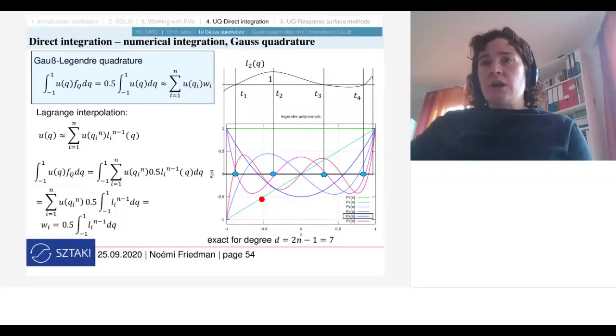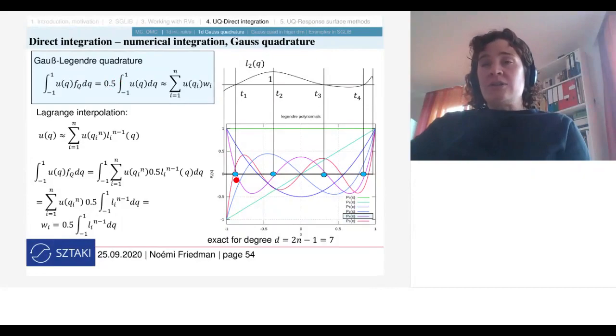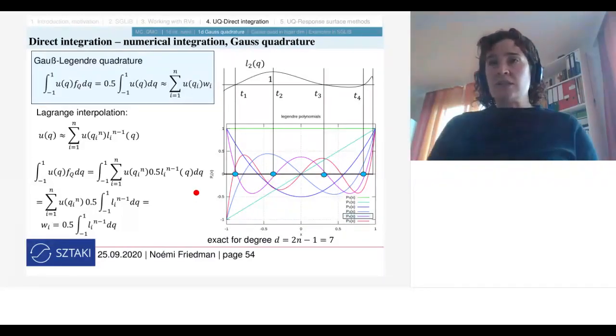The 4-point rule comes from this: if I have a uniform distribution, then I need the Legendre polynomials, because the Legendre polynomials are the ones that are orthogonal with respect to a constant weighting function. You see here up to degree 5 for these Legendre polynomials. I need to pick the purple one, which corresponds to the 4th degree polynomial, and I take its 0 points, which are the blue points, and these will be my integration points.